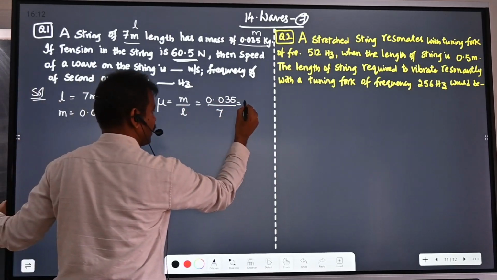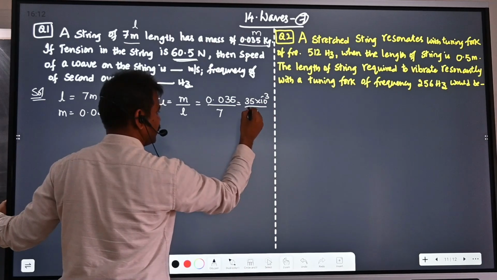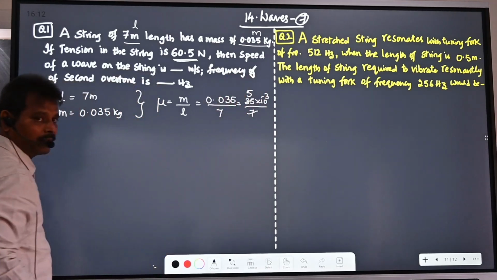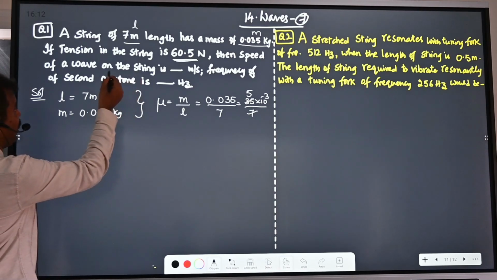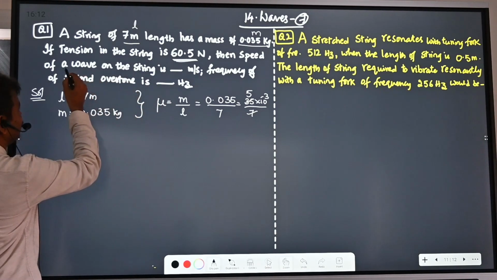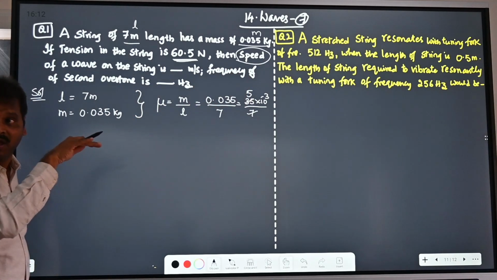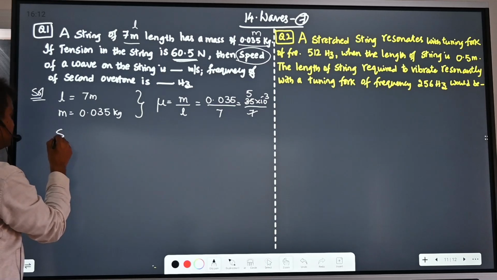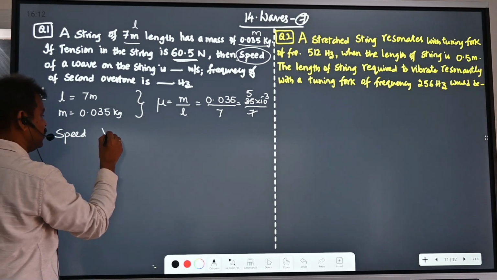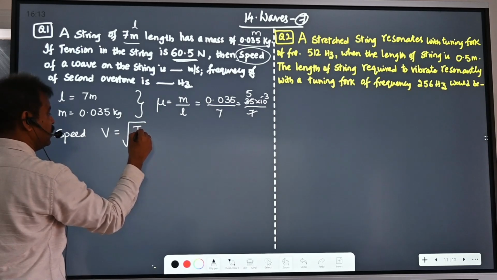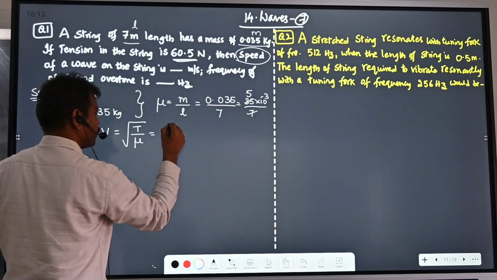Now this can also be written as 35 into 10 power minus 3 by 7. So 5 into 10 power minus 3 kg per meter is the linear mass density. Now first we need speed. What is the speed of a wave produced on a string? Speed of a transverse wave produced on a string is root T by mu. What is the tension in the string?